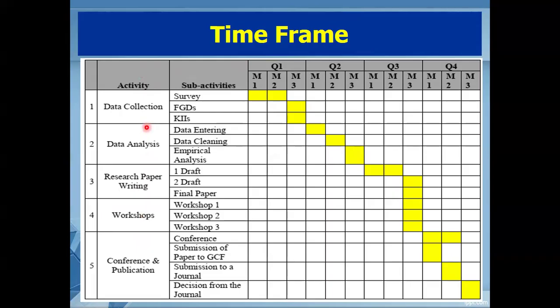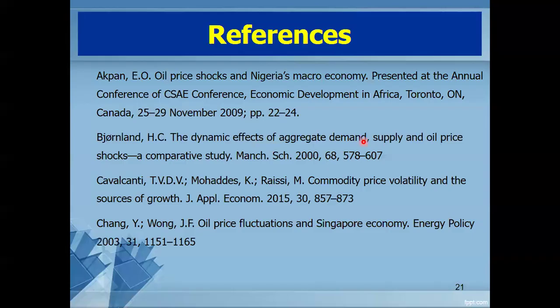Then writing the first chapter, writing the second chapter, data collection, data analysis, writing the third chapter, and so on. And accordingly, you can highlight the bars here, aligned with the scheduled time period. This time frame is needed for the research proposal presentation. Then the panel can understand clearly how you are going to execute your research plan during the scheduled time period, right?